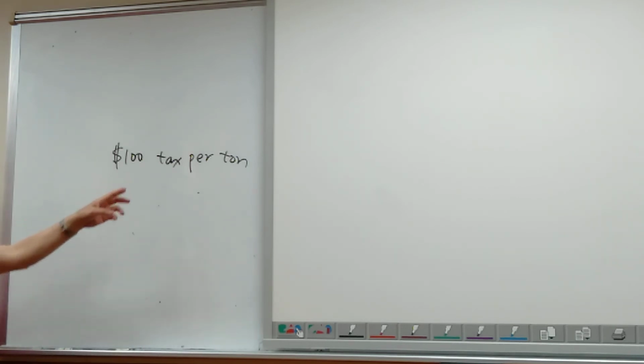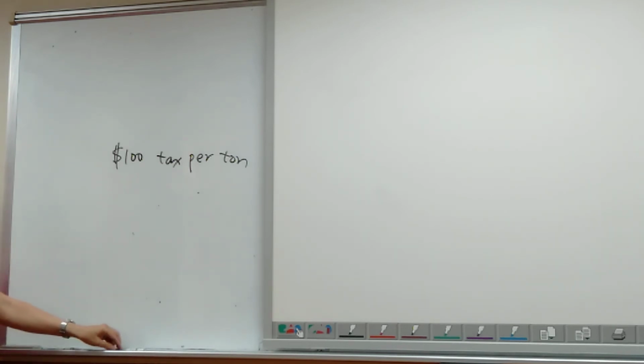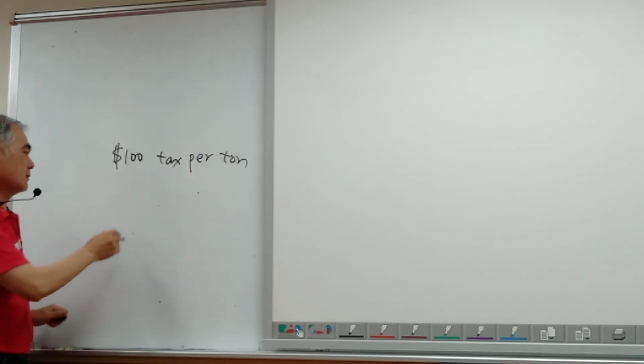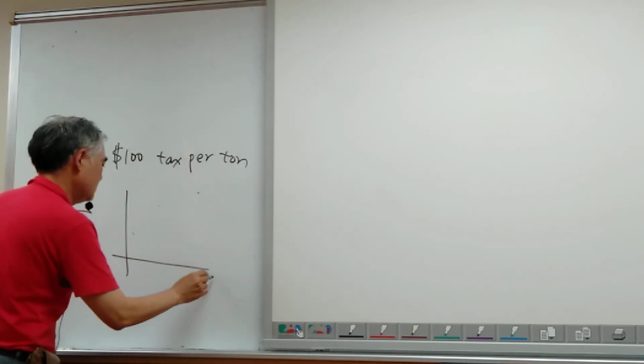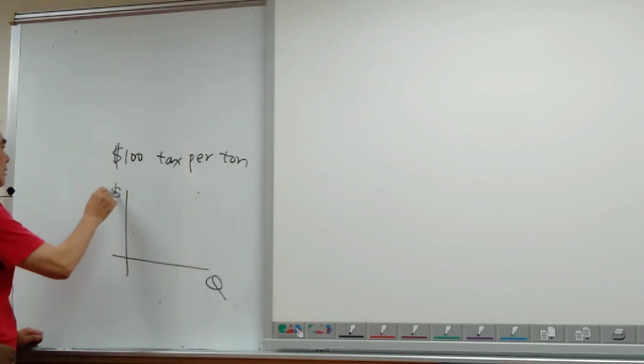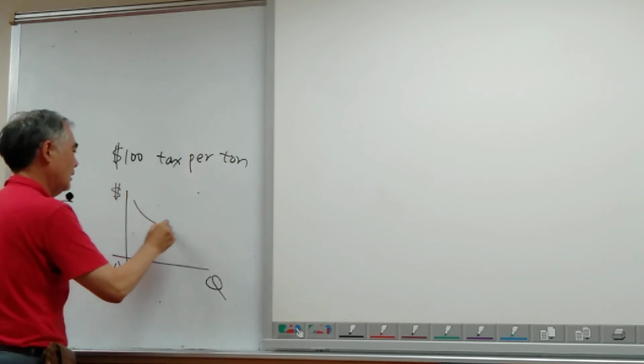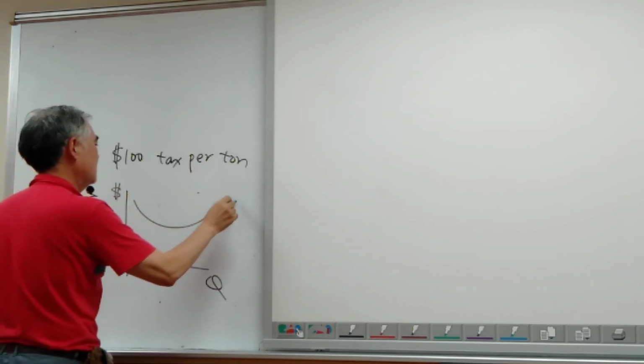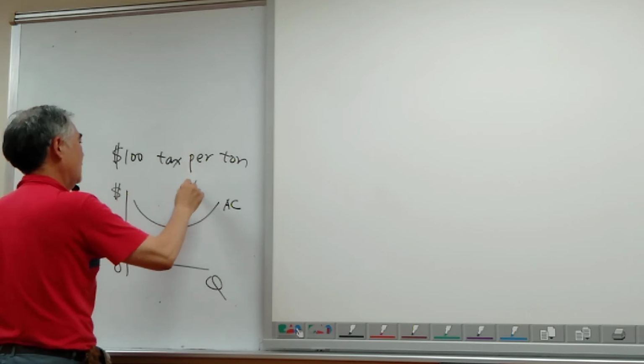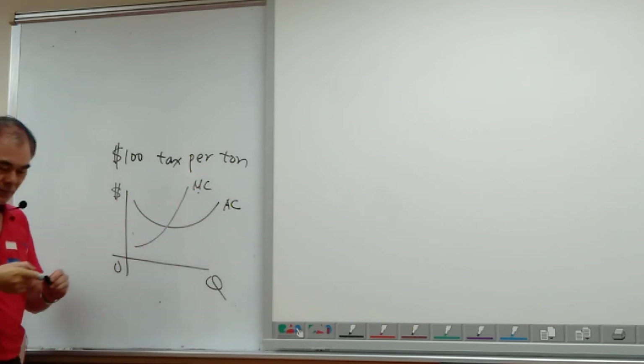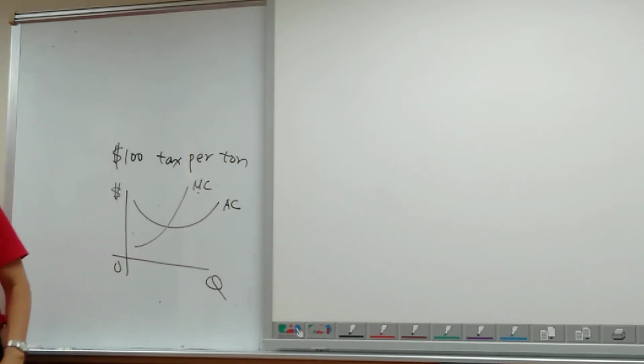It's per ton. So let us say we have a diagram like this, with Q, and here is the cost. And this is AC, and this is MC. So what will happen?